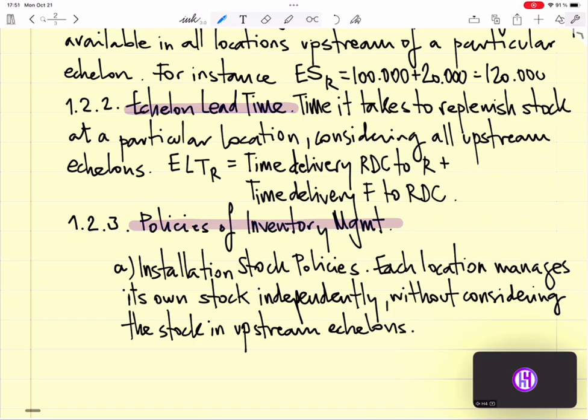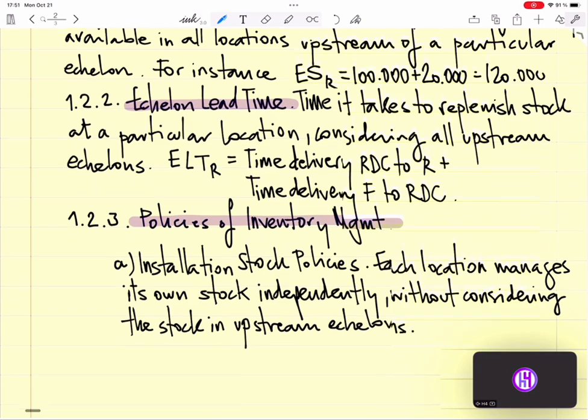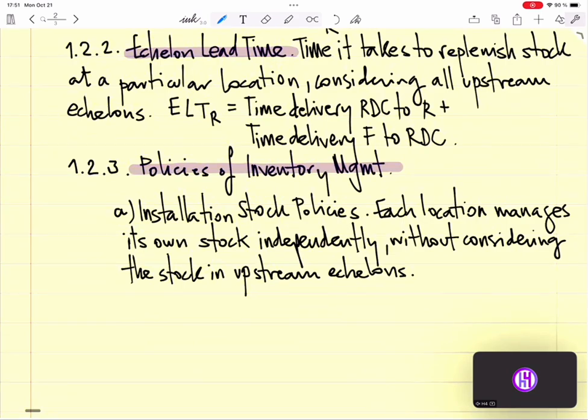Upstream is to the left, okay? This is the classical push process. We represent it like this.